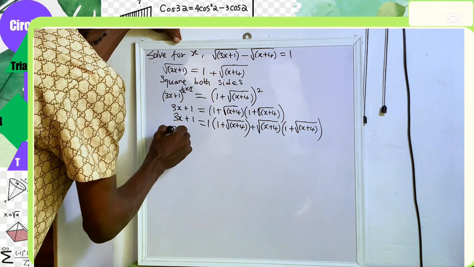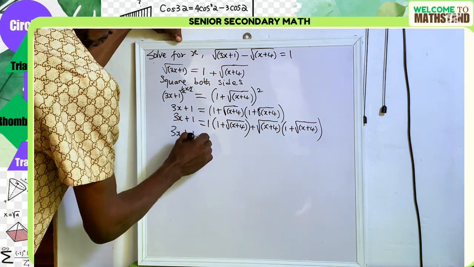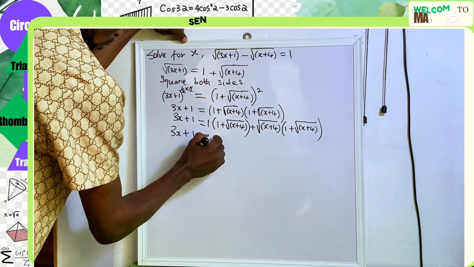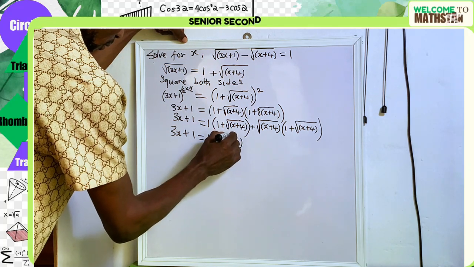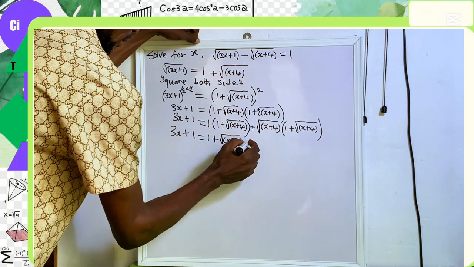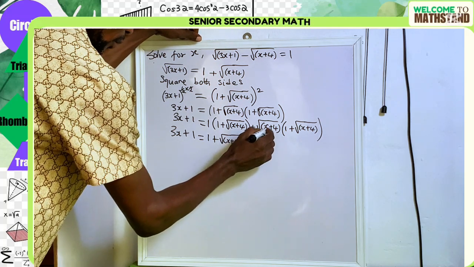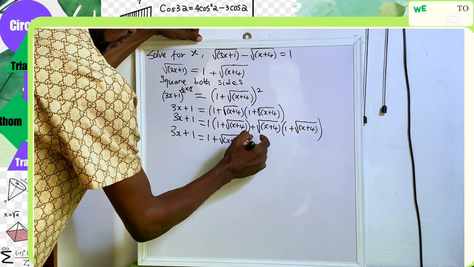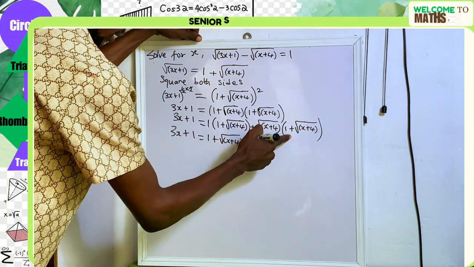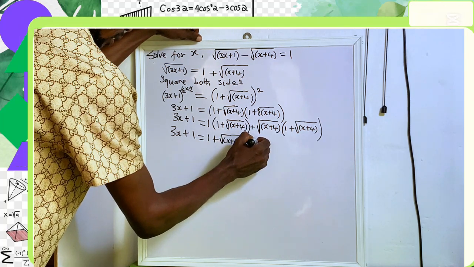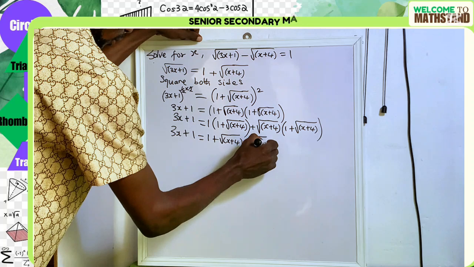So from here, we continue 3x plus 1. 1 times 1 is 1. 1 times this is still the same thing, square root of x plus 4. Then we continue. Let's also open this other part. Square root of x plus 4 times 1 is still the same thing, square root of x plus 4.